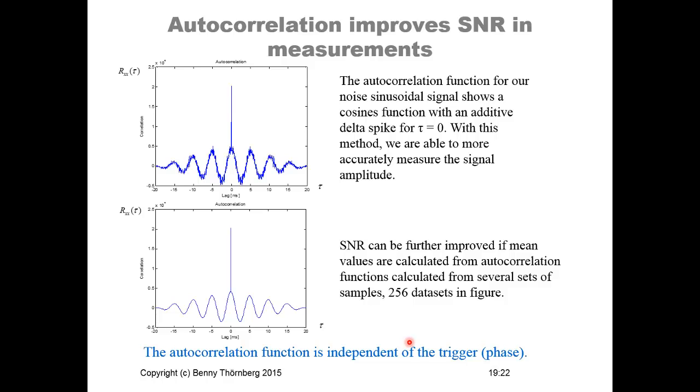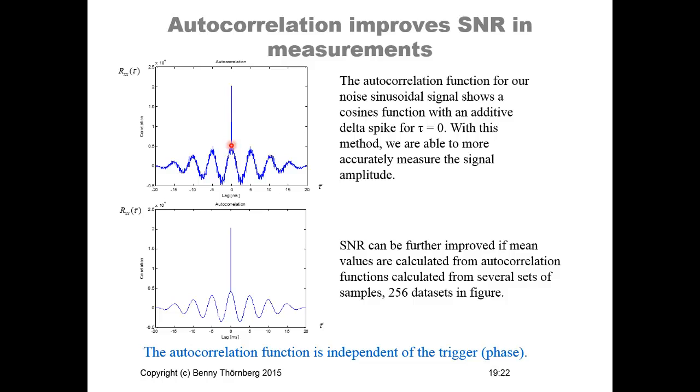This is a MATLAB simulation of the noisy waveform that we saw on the previous slide. Now we are getting a delta spike for tau equal to 0, and then we get a cosine waveform for the representation of the sinus waveform. So here we have clearly separated the signal, represented as the cosine waveform, from the noise, represented as a delta spike.